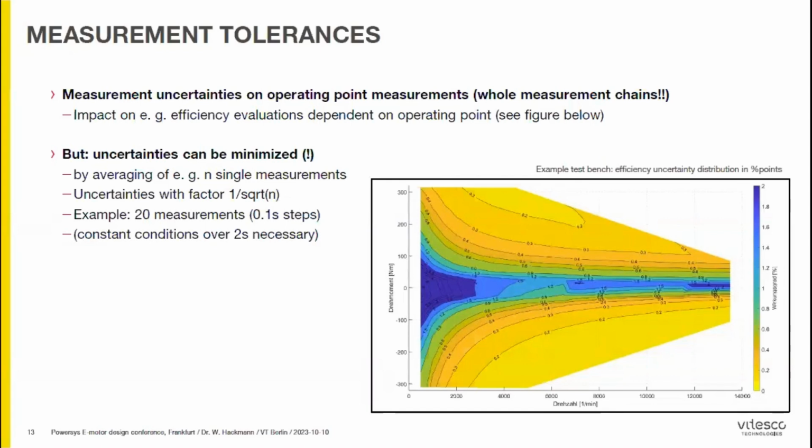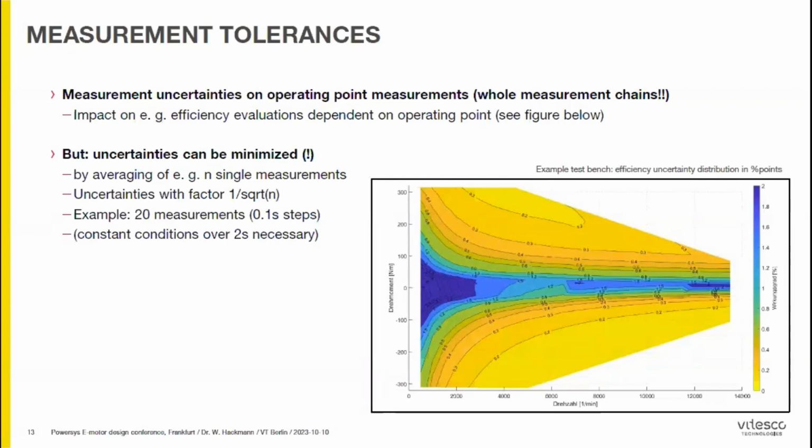But this can be improved by averaging. If I take not only one 0.1 second value, but 20, so I measure over 2 seconds, then by averaging I can improve the situation, and the measurement uncertainty goes down with a factor of 1 divided by the square root of the number of measurements.